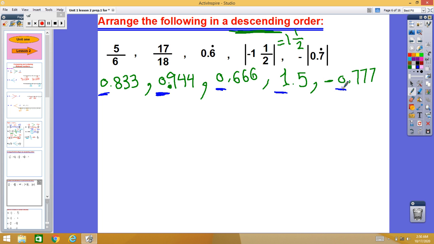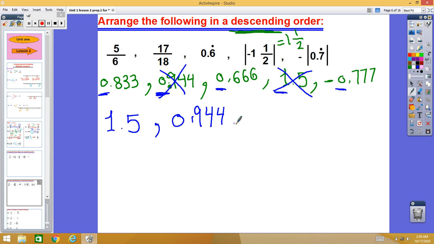So the greatest whole number will be 1. So the first decimal is 1.5, and then cross 1.5. We have 0.833 and 0.944, 0.666 and negative 0.777. So the greatest one is 0.944.